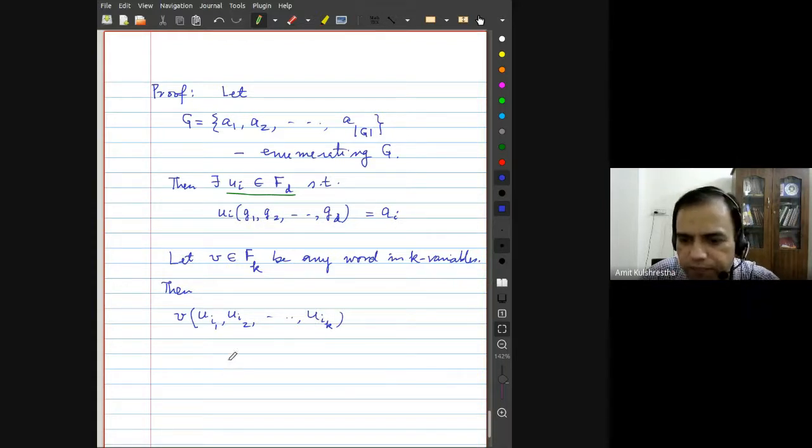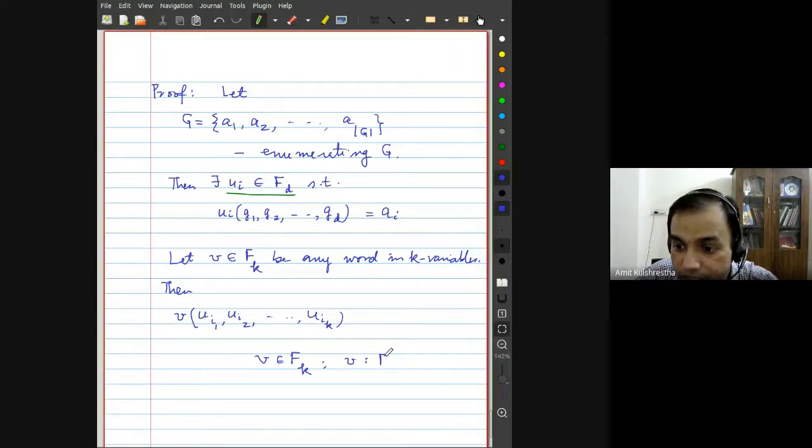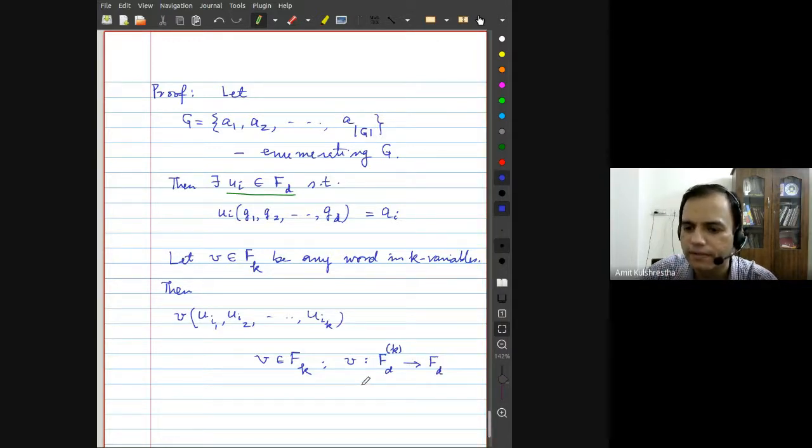So see, when I say v is in F_k, and then I'm evaluating this k-variable word on F_D^k, so k many copies of F_D, I'm getting a word in D many variables, right? So this is a word in D many variables.